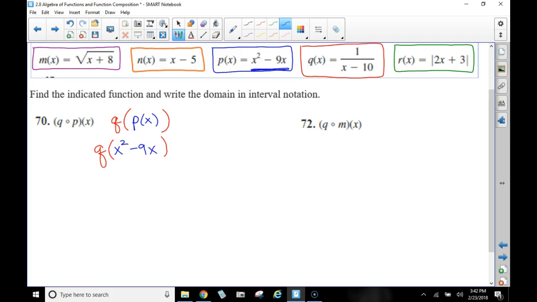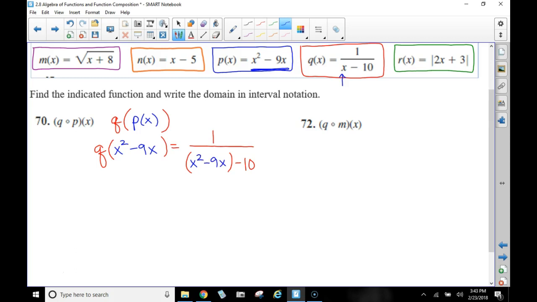Now, when we go to our Q function and evaluate that at the blue stuff, for us, that's going to look like 1 all over x minus 10, but now we are replacing x with x squared minus 9x.